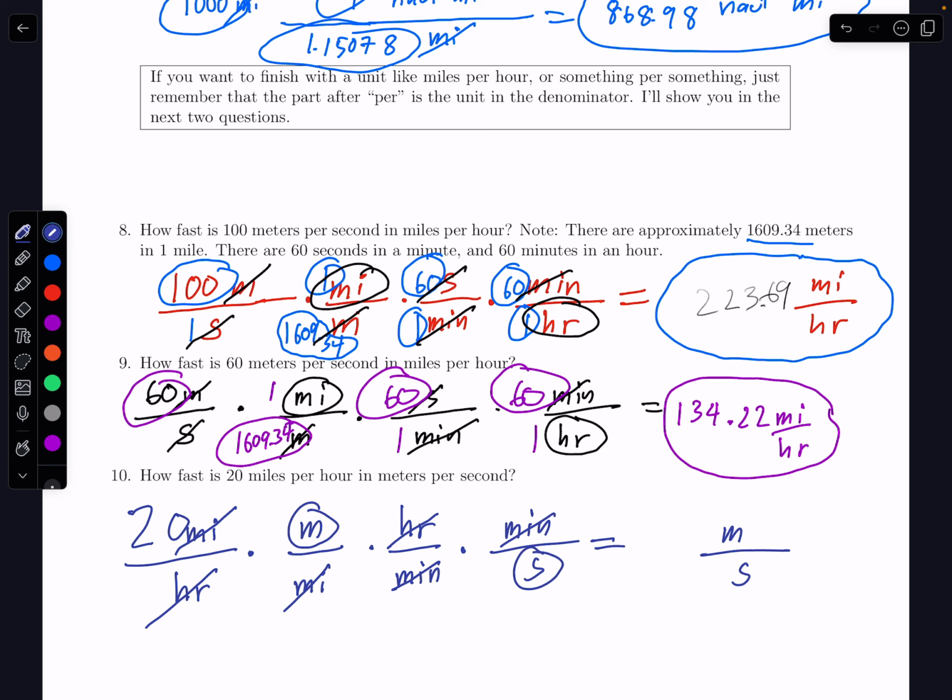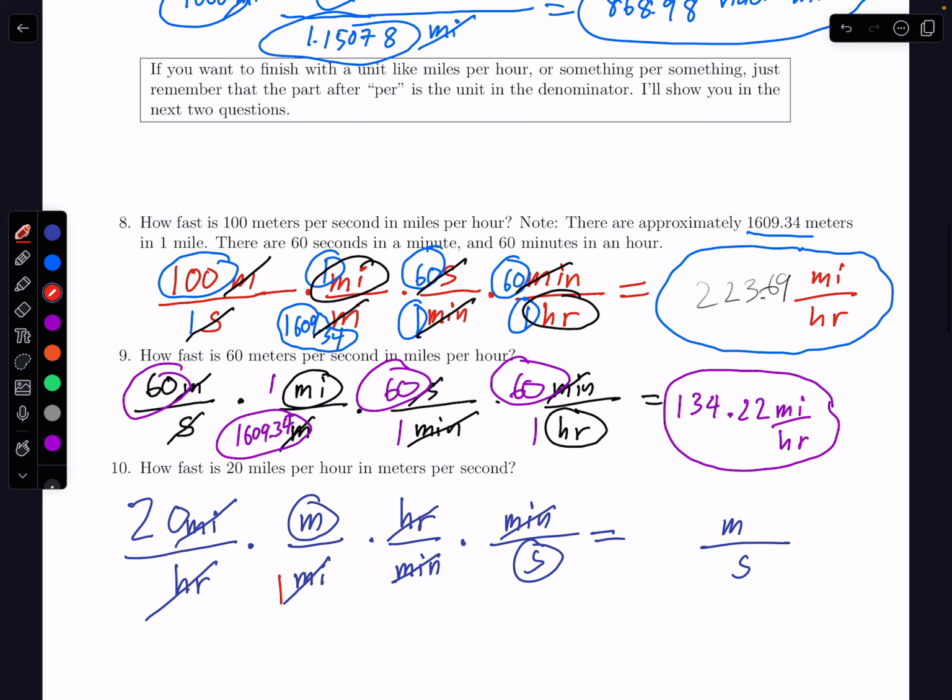Right? Okay, so now let's fill in our numbers. What do we know? 1 mile is 1,609.34 meters. 1 hour is 60 minutes. 1 minute is 60 seconds. So what do I do with my numbers? 20 times 1,609.34 divided by 60 divided by 60.